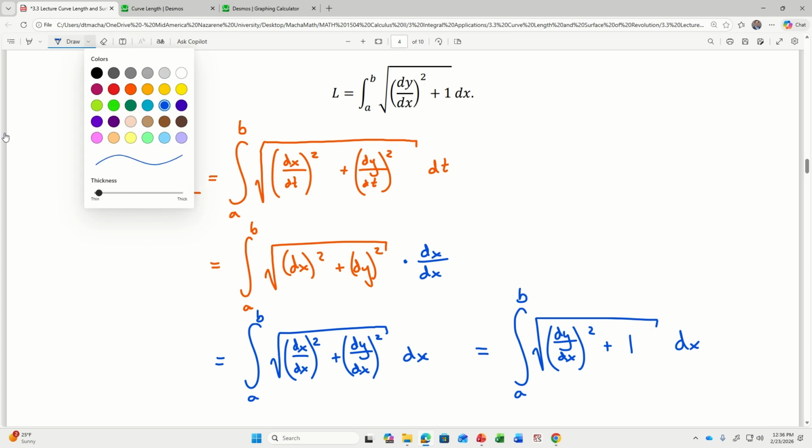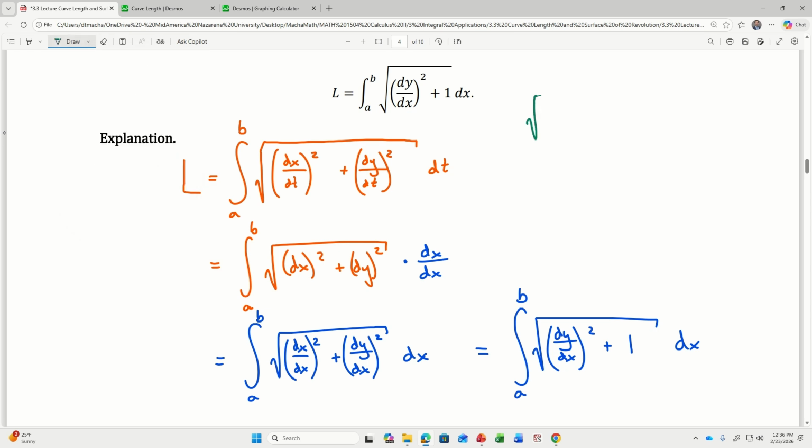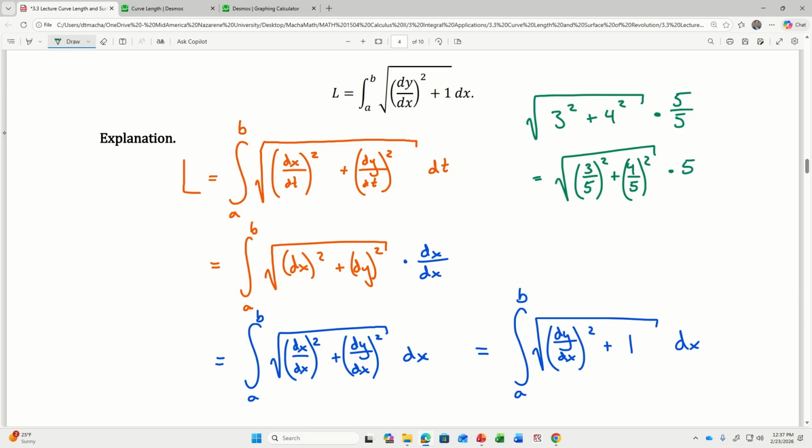Really, the trickiest part about this explanation is just the algebra. If you've got something like the square root of 3 squared plus 4 squared, and you wanted to multiply by, I don't know, 5/5, this is the same thing as the square root of (3/5) squared plus (4/5) squared, times 5.